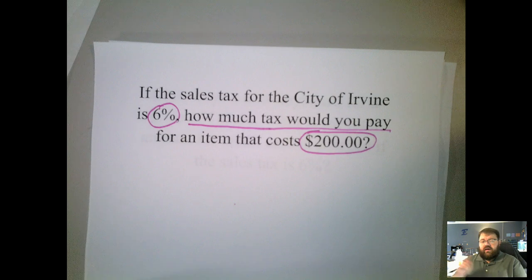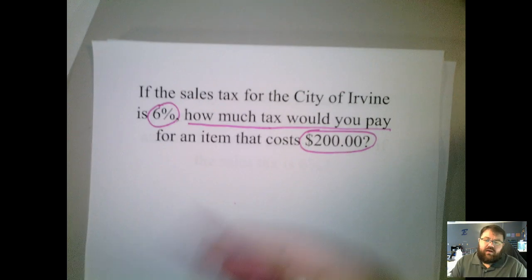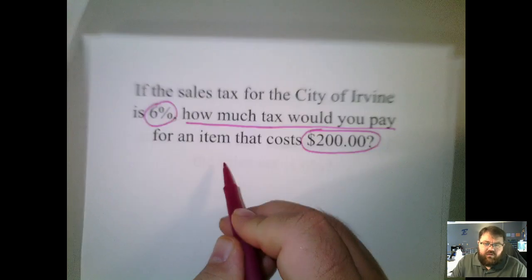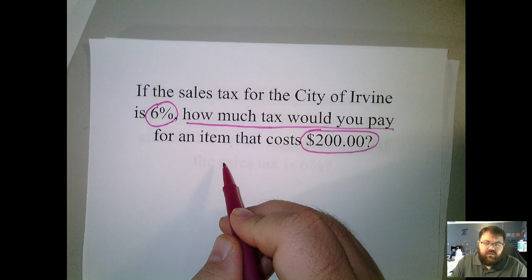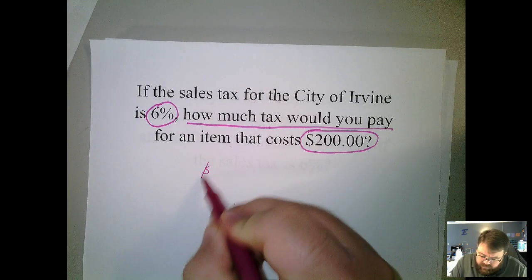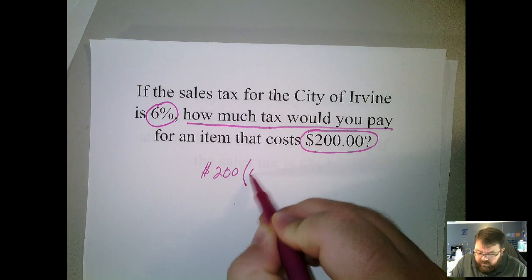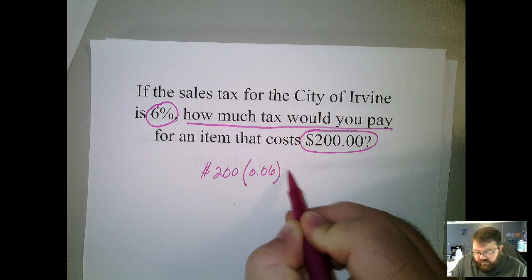Not what the total price was, but how much tax. We need to pay very close attention to this. Now, to get our answer, I'm going to take $200 and I'm going to multiply that by 0.06.